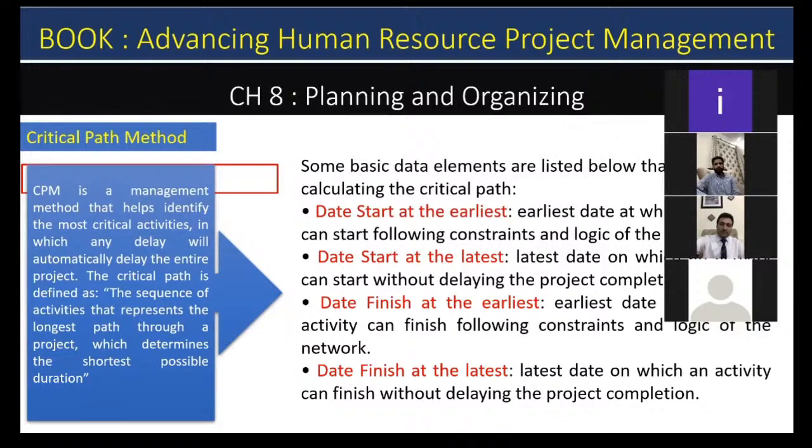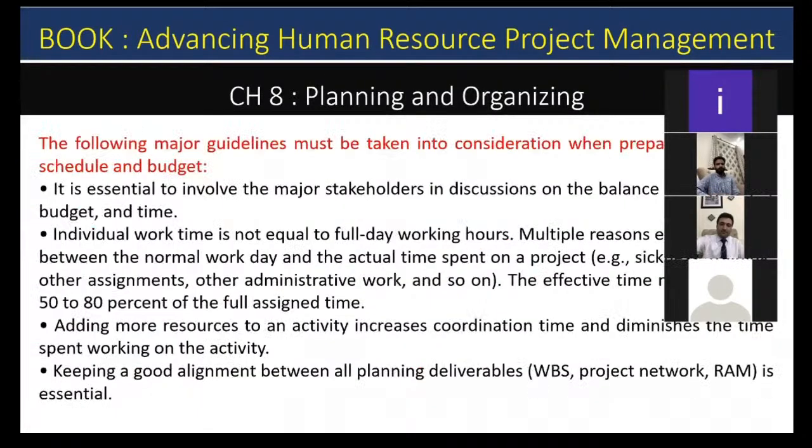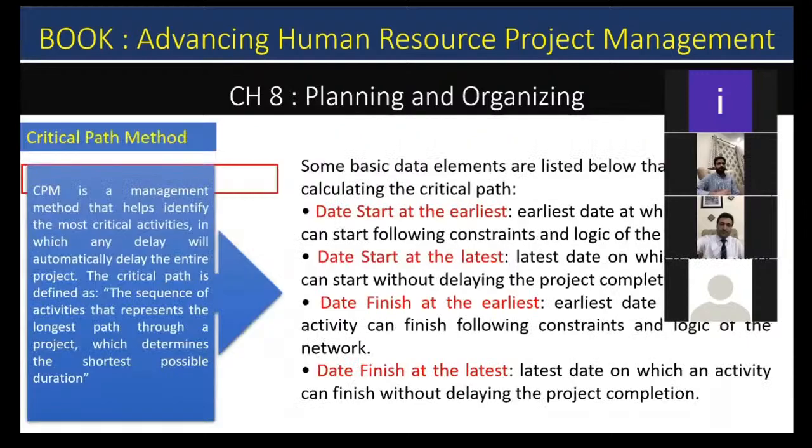The basic elements that assist in calculating the critical path are: date start at the earliest, the earliest date we can start the project; date start at the latest, the last date we can start the project without delaying the project; date finish at the earliest, the earliest date we can acquire by completion of the project; and date finish at the latest, the last date we can complete the project without delaying the project. Next slide, please.